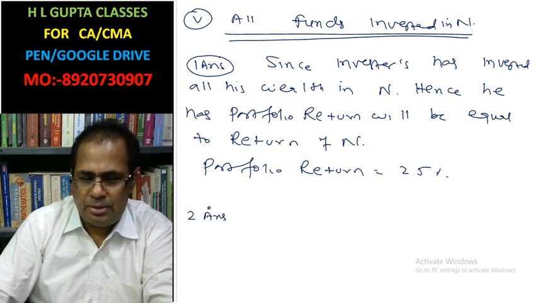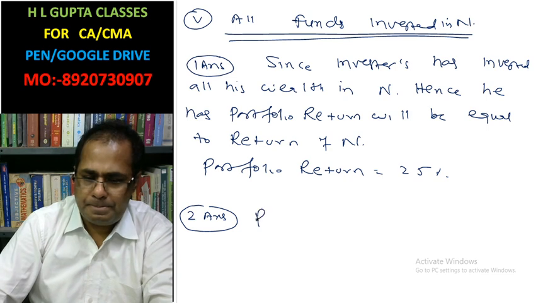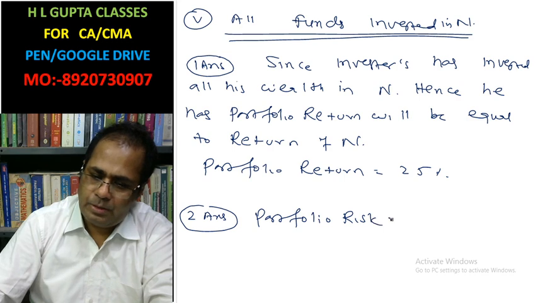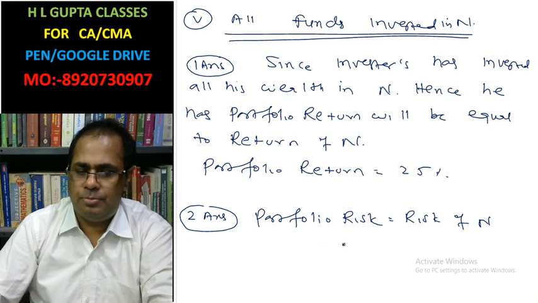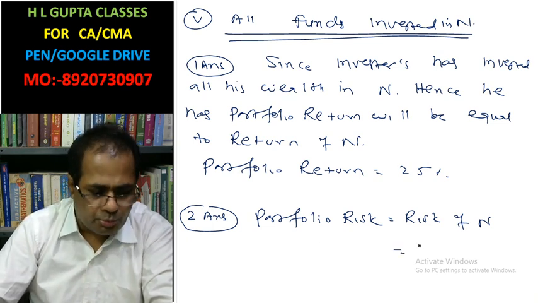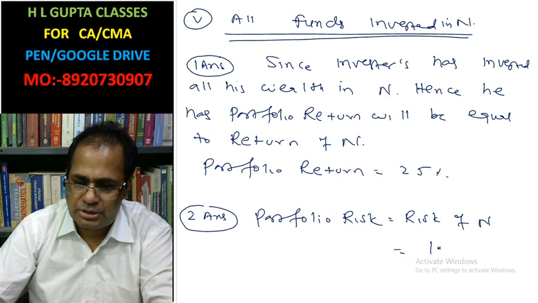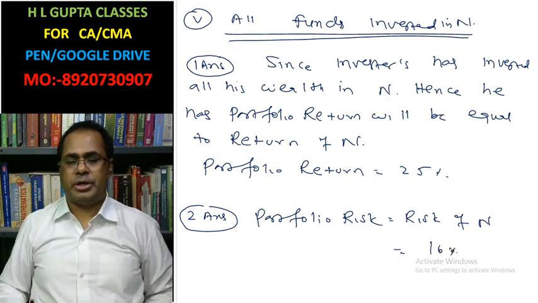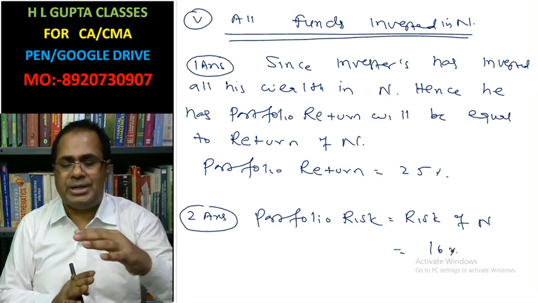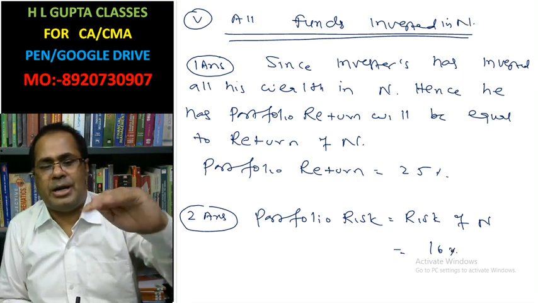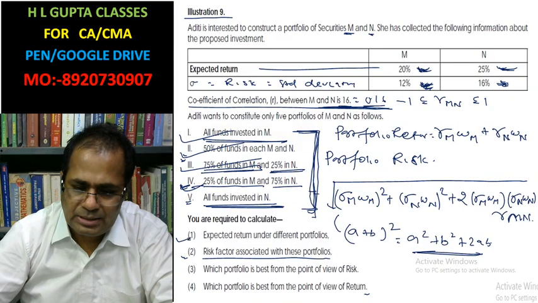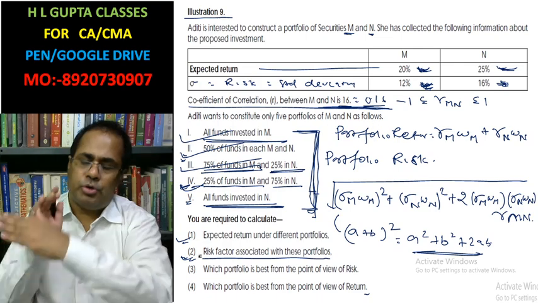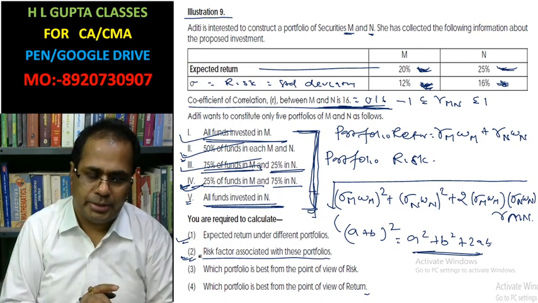Second part answer, portfolio risk will be the risk of N, that is equal to 16%. Okay, for all 5 weights we have done the answer of first and answer of second. Portfolio return as well as portfolio risk I have calculated.